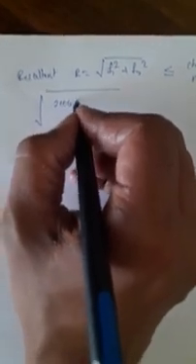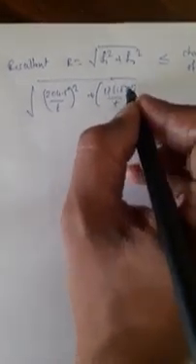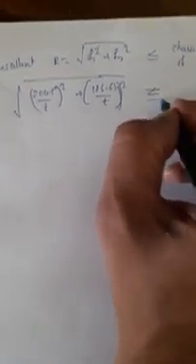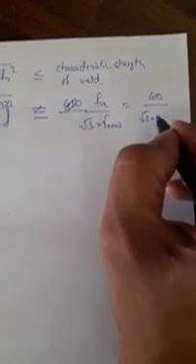So I will write the equation: under root, (204.5 by T) square plus (183.67 by T) square. This I am going to equate to the characteristic strength, Fu by root 3 into gamma mw, that is equal to 410 divided by root 3 into 1.25 for shop weld conditions.